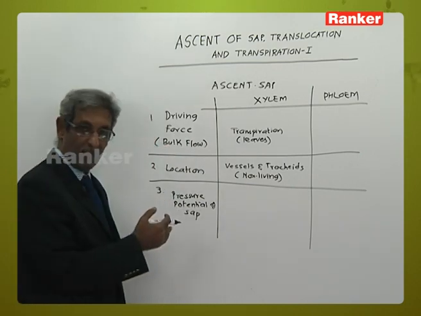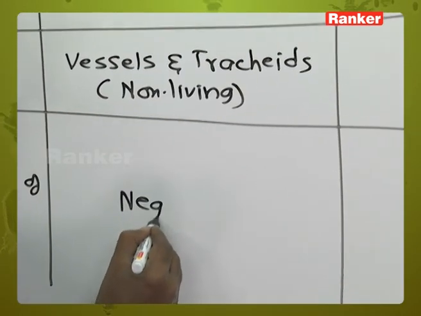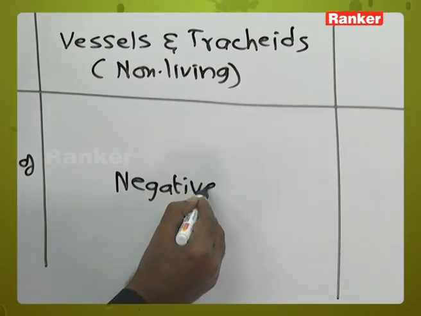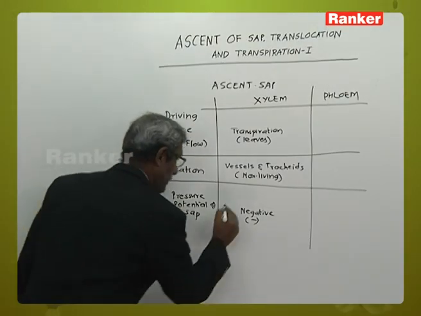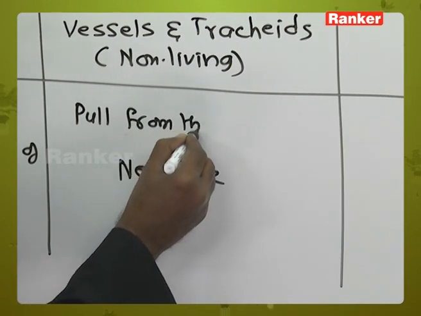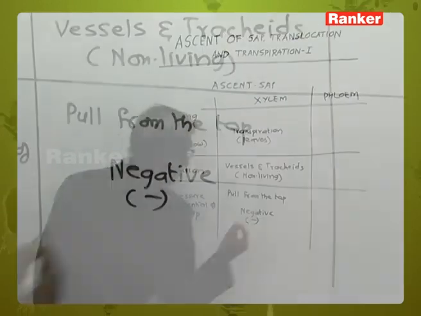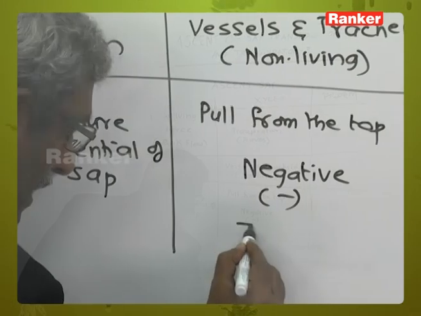And the pressure potential of the sap, how is it? It is negative. Why is it negative? Because there is a pull from the top, and thereby it creates a tension.